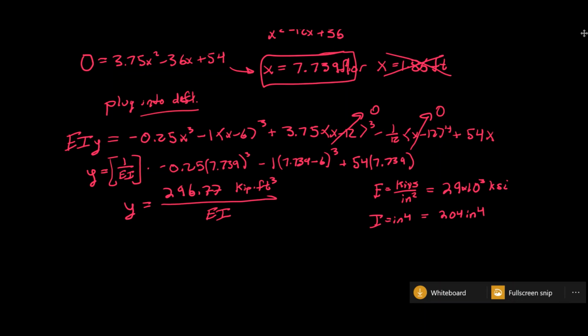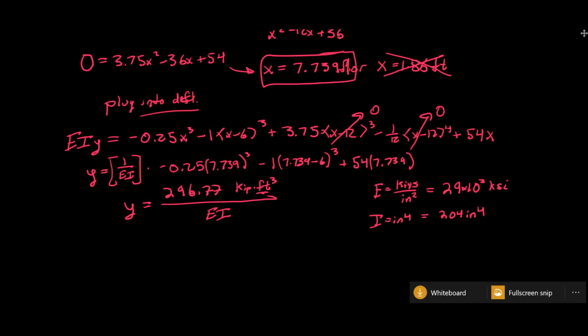So I have feet, and now I have inches over here. I need to convert this kip foot to the third into inches to the third. Since I have a foot to the third, and there's 12 inches per foot, I need to multiply by 12 to the third.